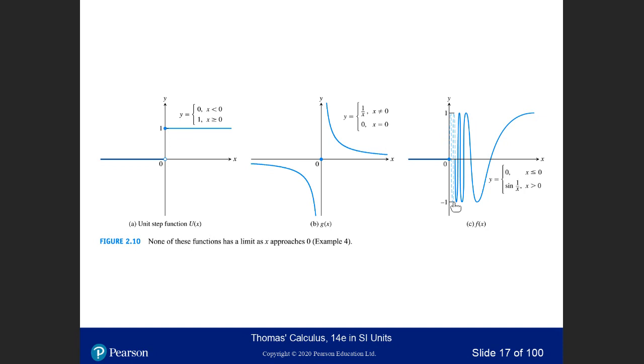Another example is y is equal to sine 1 over x for x greater than 0, and 0 for x less than or equal to 0. So this function is also defined everywhere. As x goes towards 0, as you can see here from the right-hand side, the function oscillates too much.